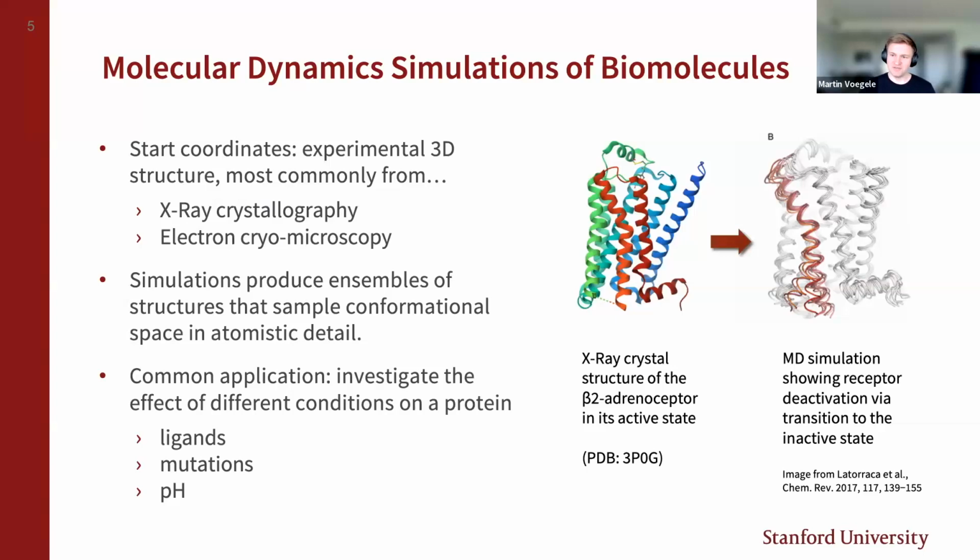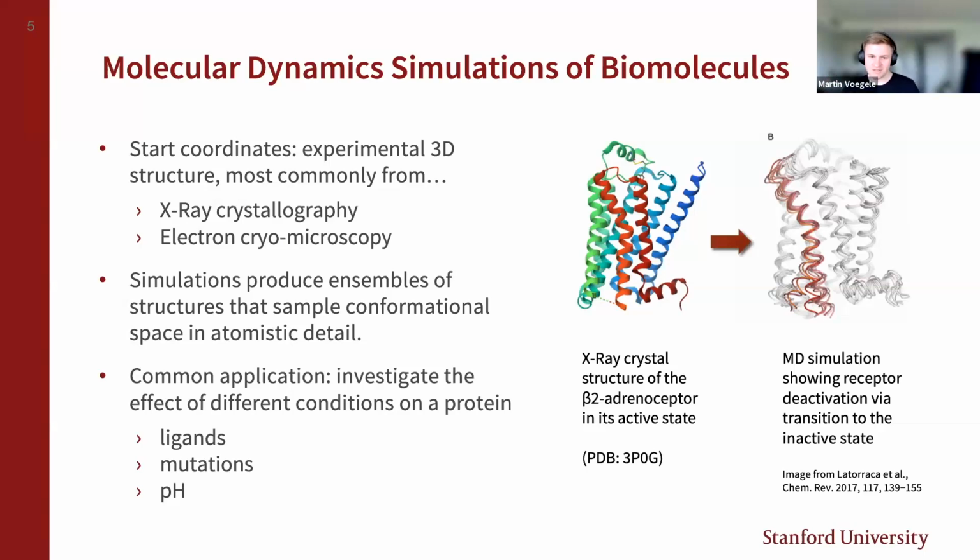We usually need to start from something, because if we just throw all the atoms in, it will take a long time until they assemble to a three-dimensional form. So we usually need start coordinates that we usually get from an experimental 3D structure, usually from X-ray crystallography or cryo-EM.